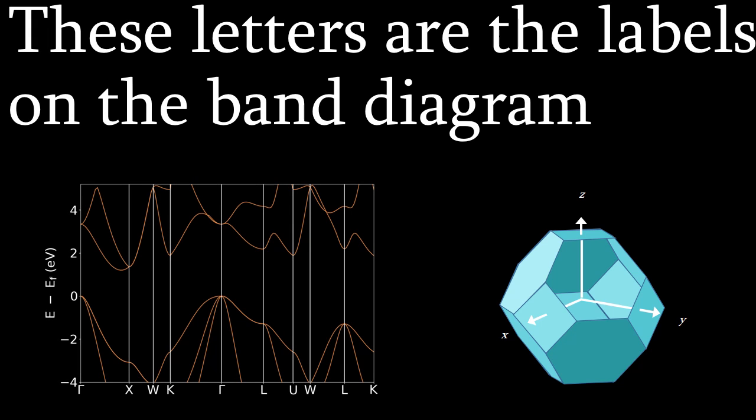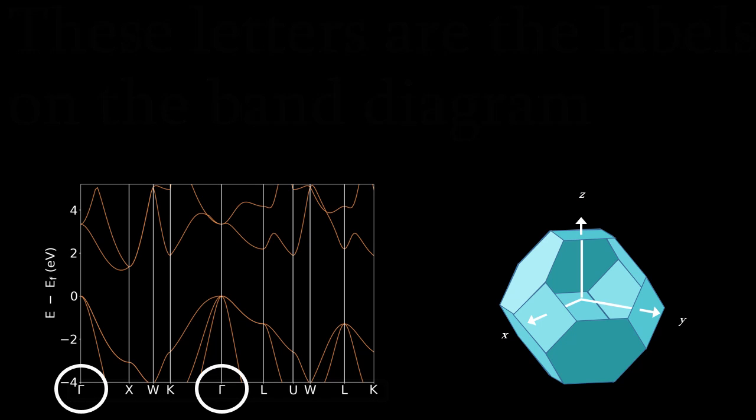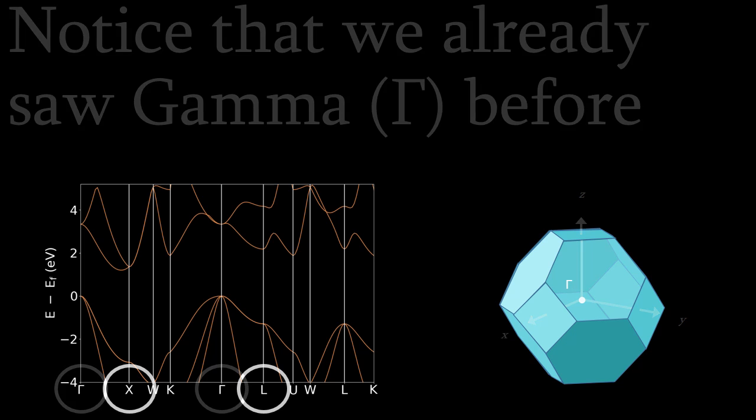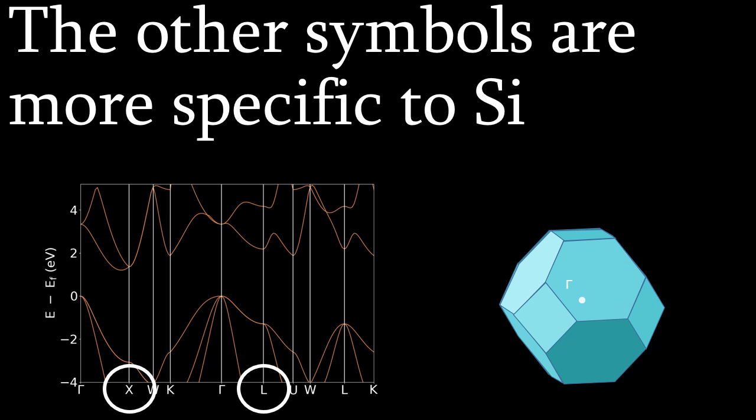These letters are the labels on the band diagram. Notice that we already saw gamma before. The other symbols are more specific to silicon.